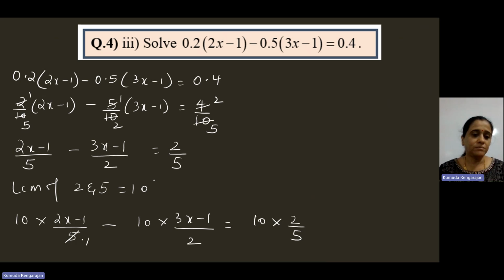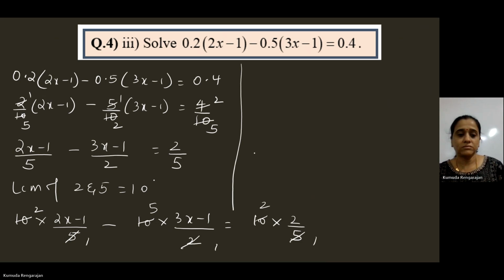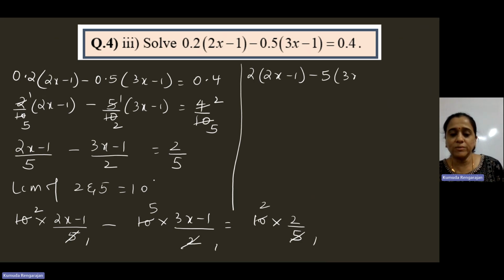So now we have 2 into 2x minus 1 minus 5 into 3x minus 1 is equal to 4.